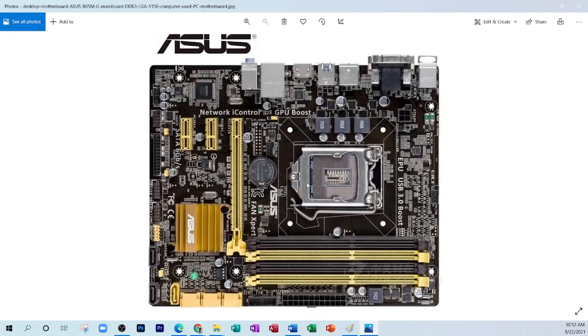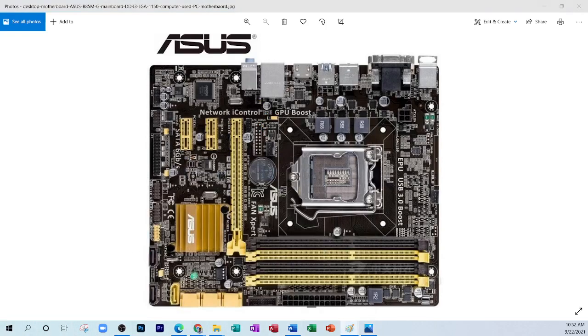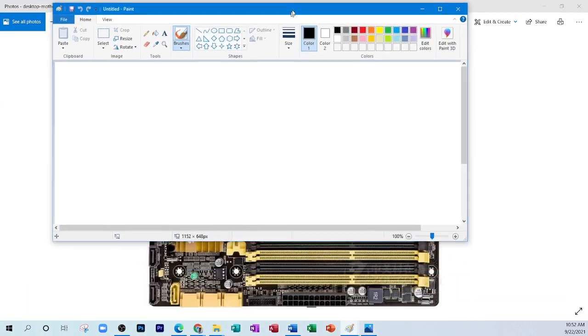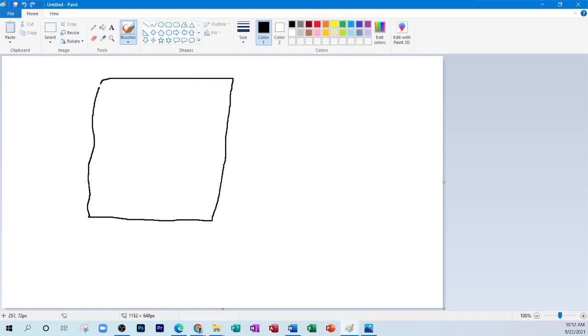So if you were to draw a diagram, I'm going to give you another diagram to help you understand how a computer basically functions. So this is the motherboard. This is your CPU.